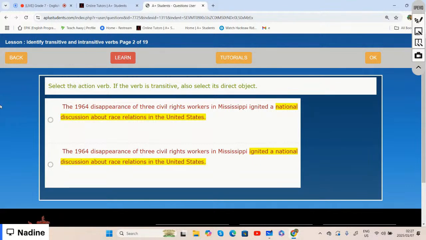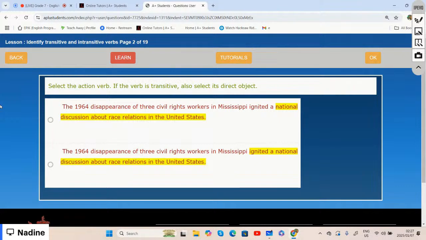All right, the next one says we need to select the action verb if the verb is transitive, and also select the direct object. It says, the 1964 disappearance of three civil rights workers in Mississippi ignited a national discussion about race relations in the United States.